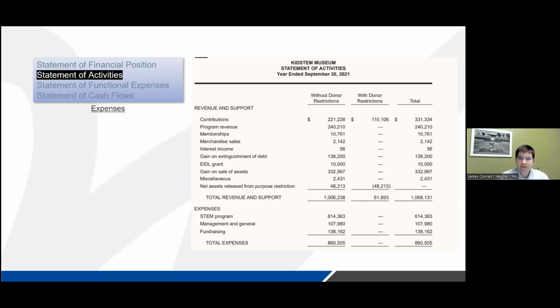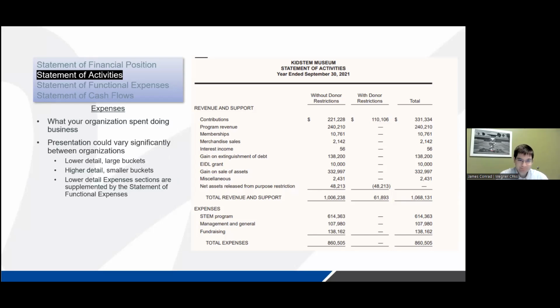All right, going to the expense section. Expenses are just as simple as what you spend doing business. You need supplies, you need workers, you need to spend money to make money, basically. Now, this is a section of the financials that could vary significantly between your different organizations.